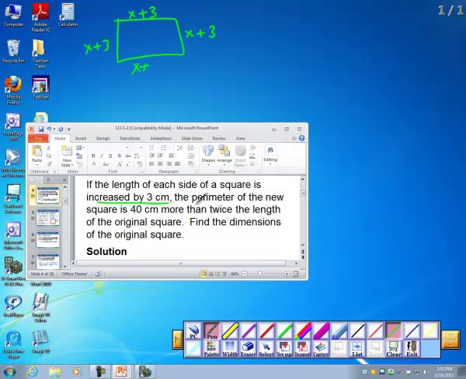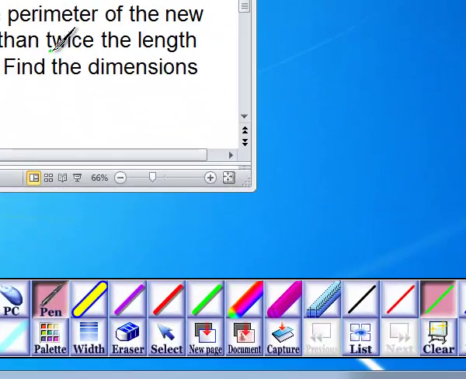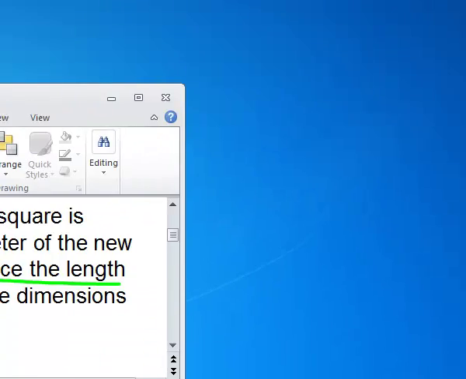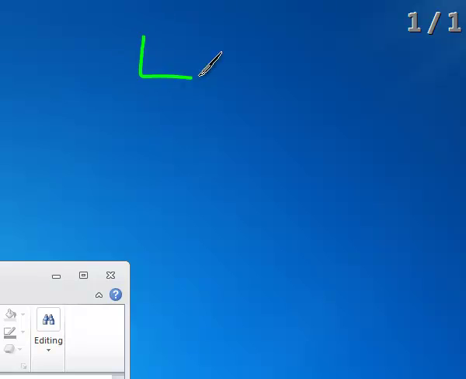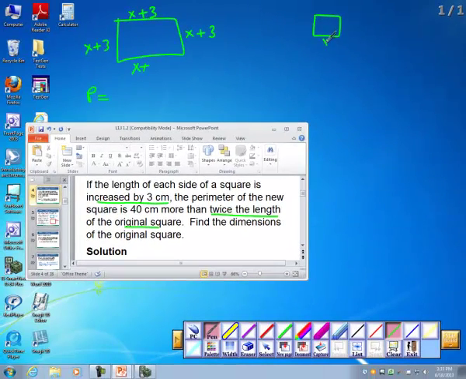The perimeter of the new square is 40 centimeters more than twice the length of the original square. Well, what was the length of the original square? We don't know. So it's x.